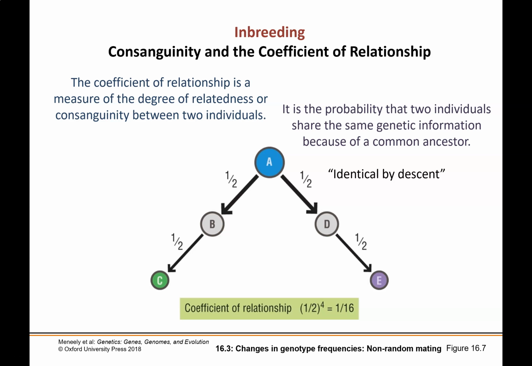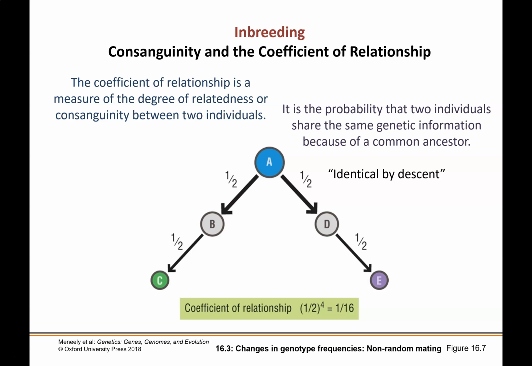So we can determine how likely it is that someone is identical by descent by calculating the coefficient of relationship, which is just a measure of relatedness between two individuals. And like I said, it is the chance that two individuals share the same genetic material at a particular haplotype or allele, due to a common ancestor.